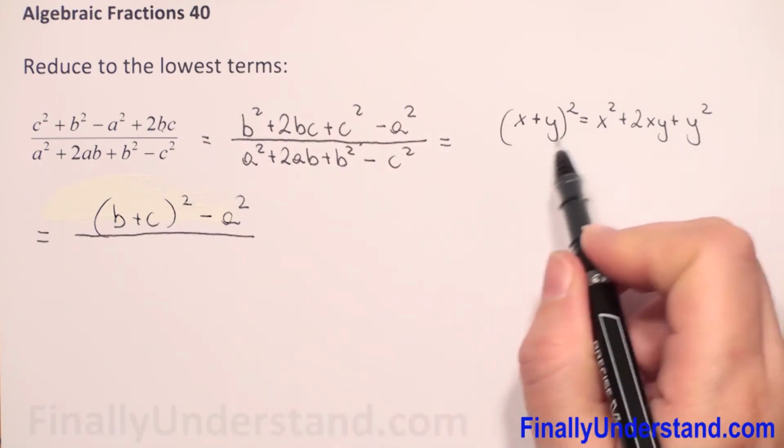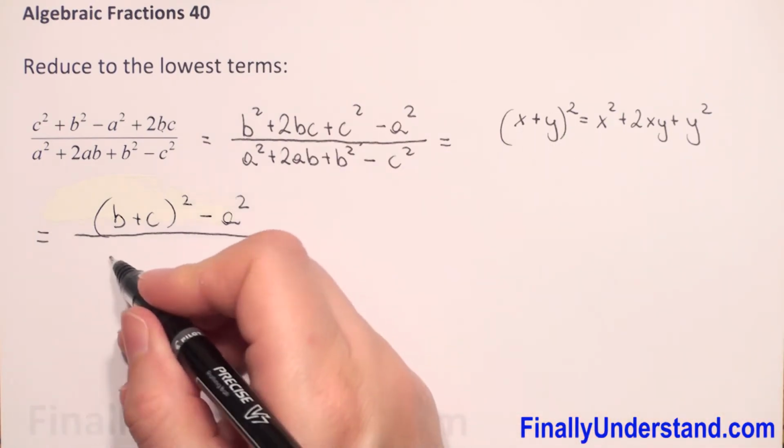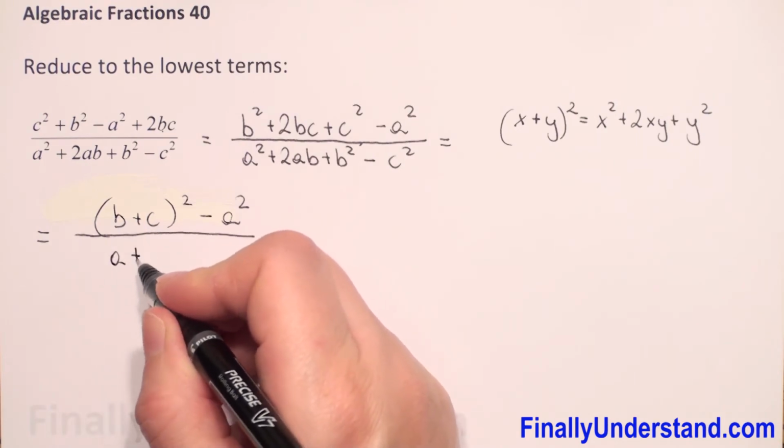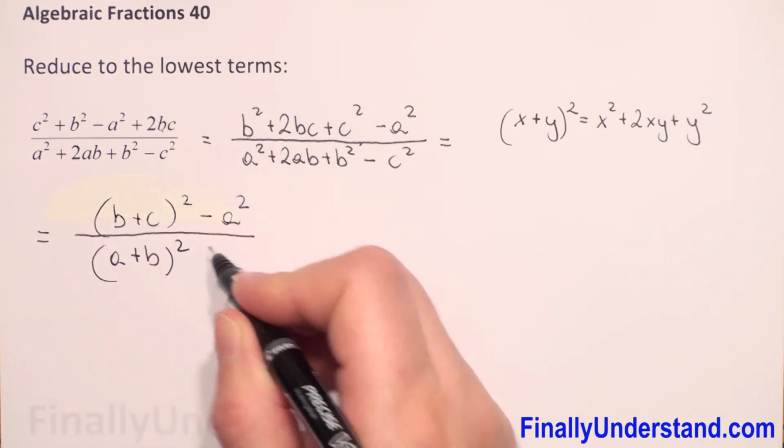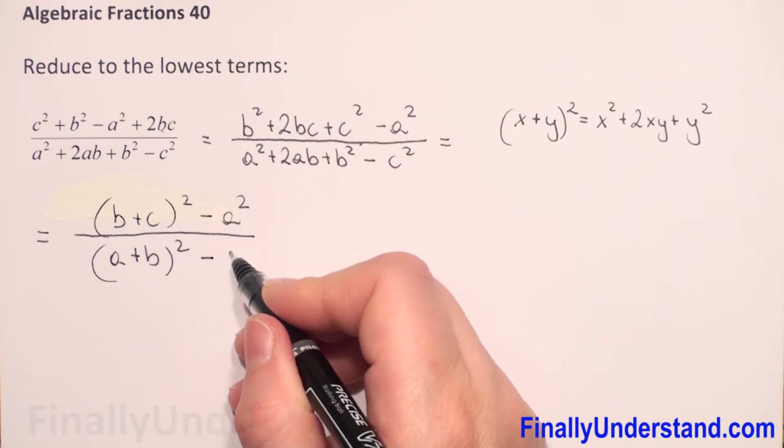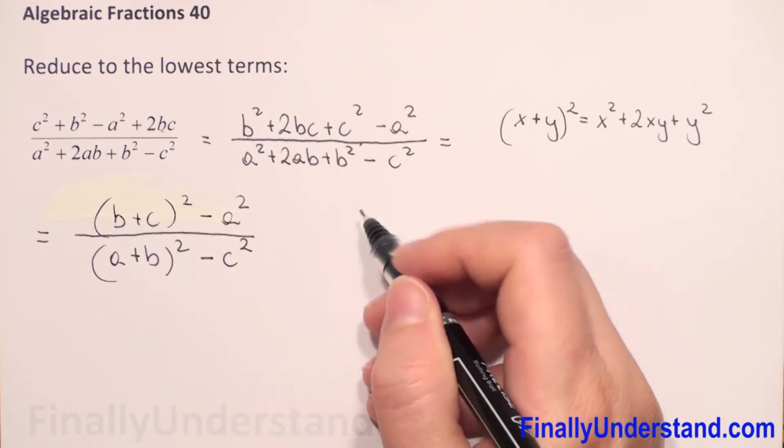So again the same formula, square of sum. We have a plus b to second power, and we have minus c squared we have to copy.